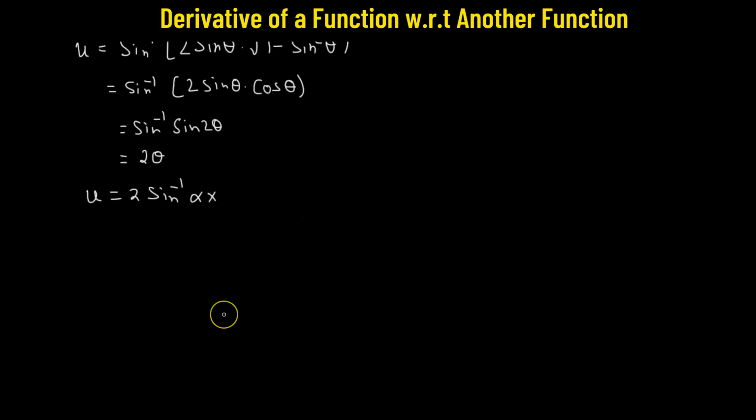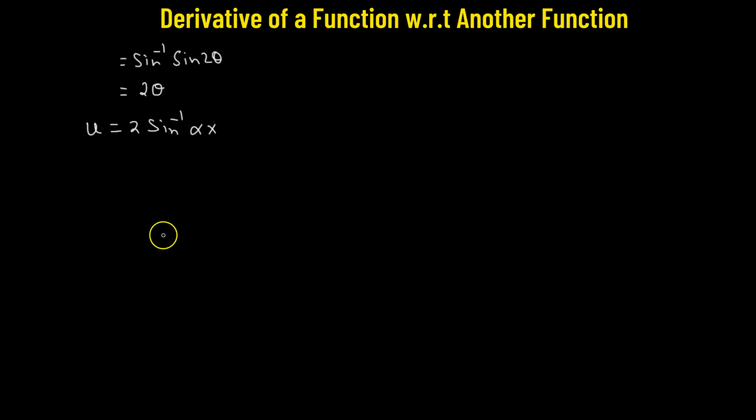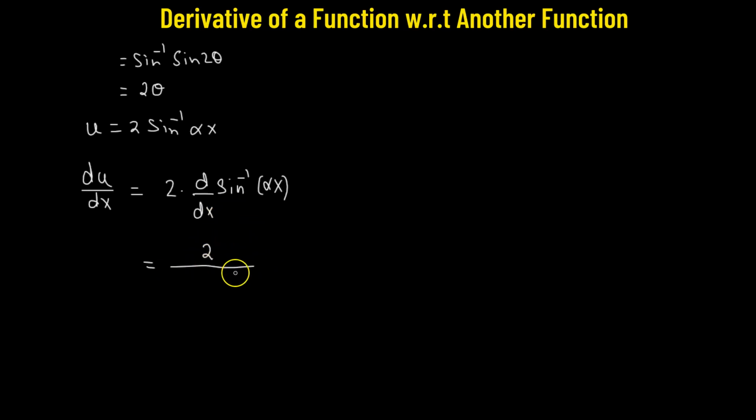Now that we have a simplified form of u, let's find its derivative with respect to x. We have the derivative of u with respect to x given by 2, which is a constant that we pull out of the derivative, multiplied by the derivative of sine inverse of alpha times x with respect to x. The derivative of the inverse sine function is a simple formula, given by 1 divided by square root of 1 minus x squared, where here x is alpha x.